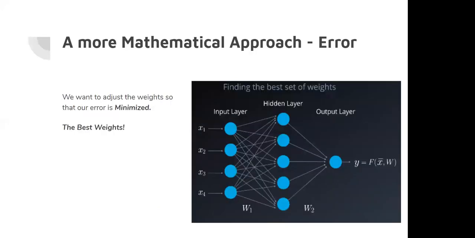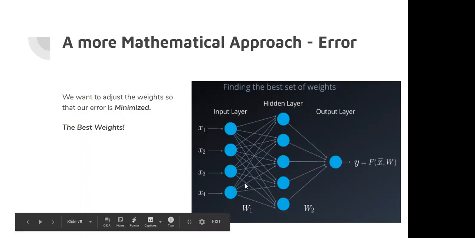So let's see what we want to do now. A mathematical approach to error. We want to adjust the weights so that our error is minimized. We have weights W1, we have weights W2.